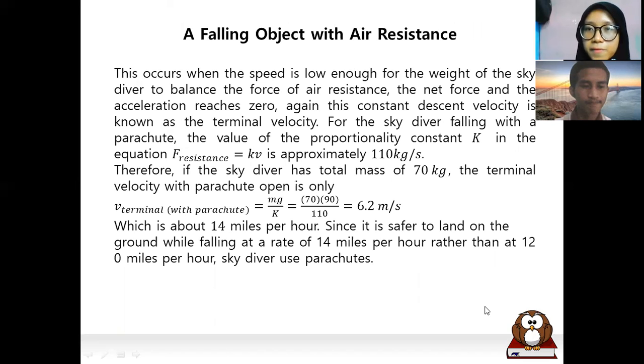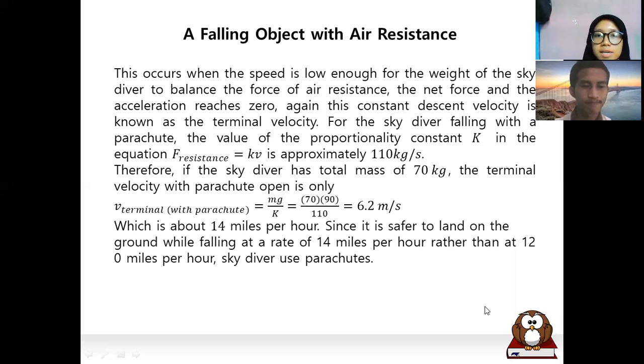For the skydiver falling with a parachute, the value of the proportionality constant K in the equation F resistance equals K times v is approximately 110 kilograms per second.